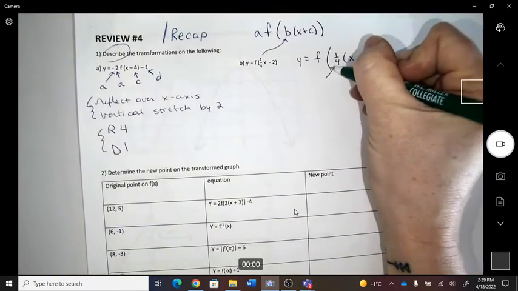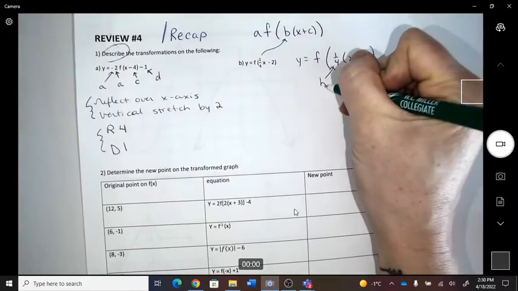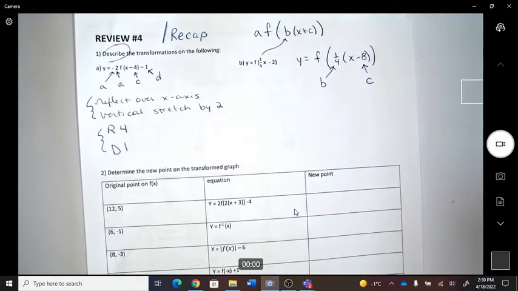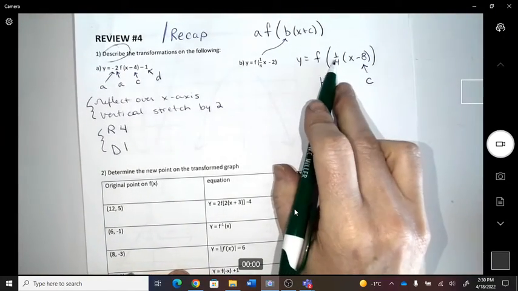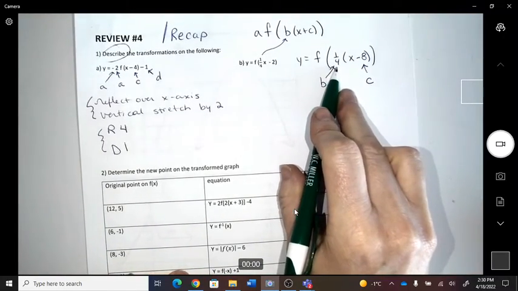Okay, now I have two things going on. I have a B and a C. Which one should I write first, the B part or the C first? The B will have to go first. So what is going to happen?